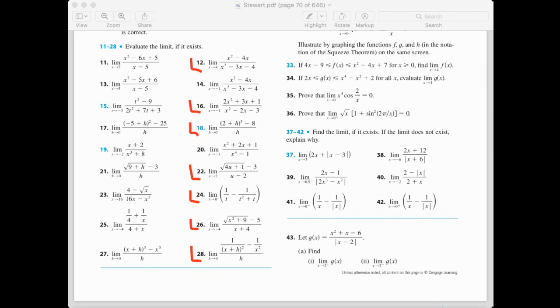Okay, then let me see. Let's go back. What about 14? Can you do 14? Right. You would have to factor it out first. So the top would be x minus 2, and then again x minus 2, and then the bottom would be x plus 2.